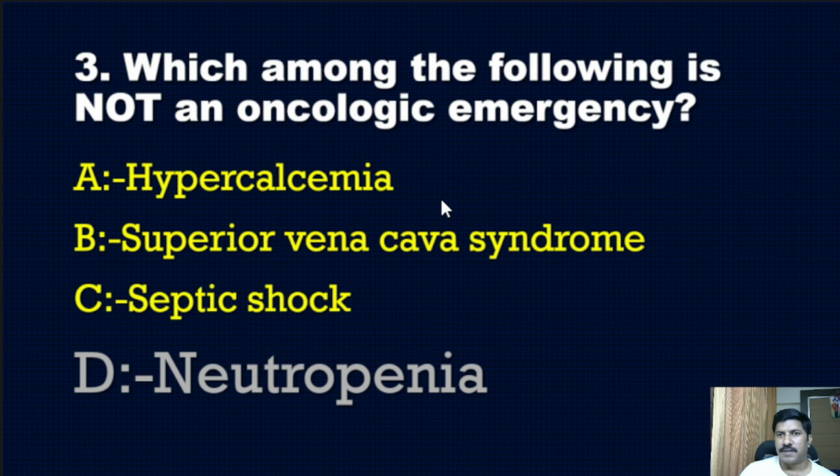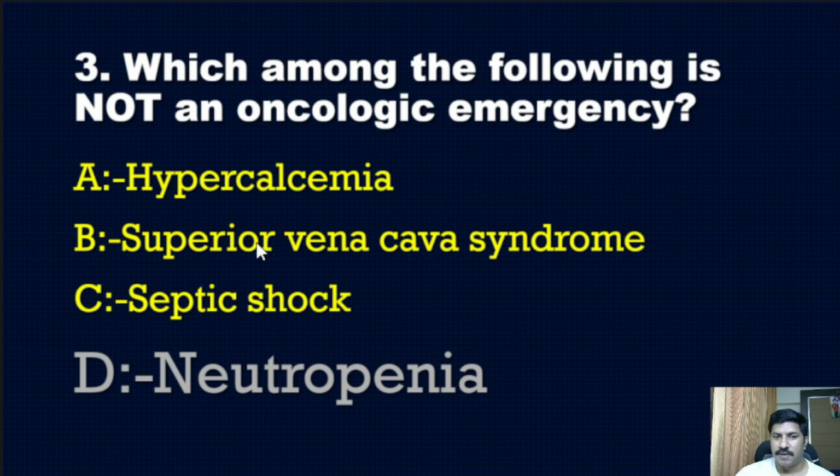Septic shock: because of sepsis, microorganisms spread through the blood and cause shock, that is decreased BP and increased pulse rate. So these are the oncological emergencies. Simple neutropenia is not considered an oncological emergency, but febrile neutropenia is.